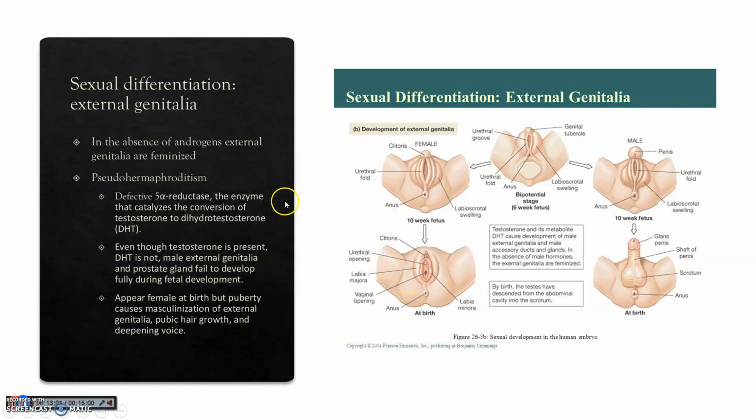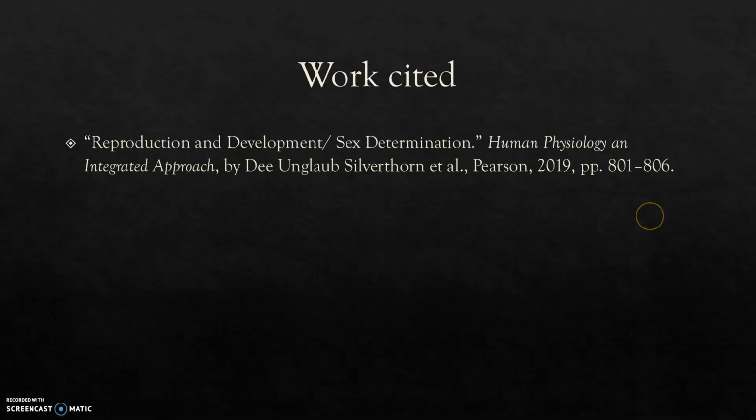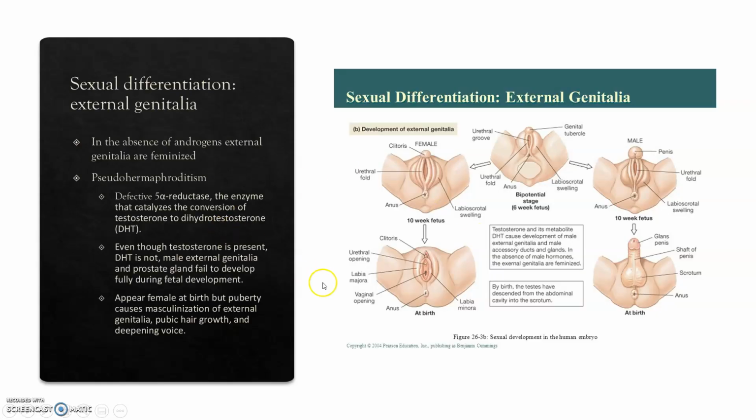And like I mentioned before, even if we have an SRY gene present, but it is defective, so for instance, we have a defective 5-alpha reductase, the enzyme that actually catalyzes the conversion of testosterone to DHT, or dihydrotestosterone. So even though testosterone is present, DHT is not, because we have defective 5-alpha reductase.